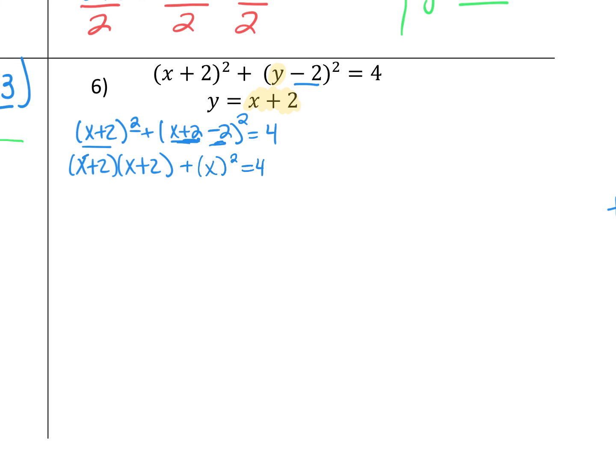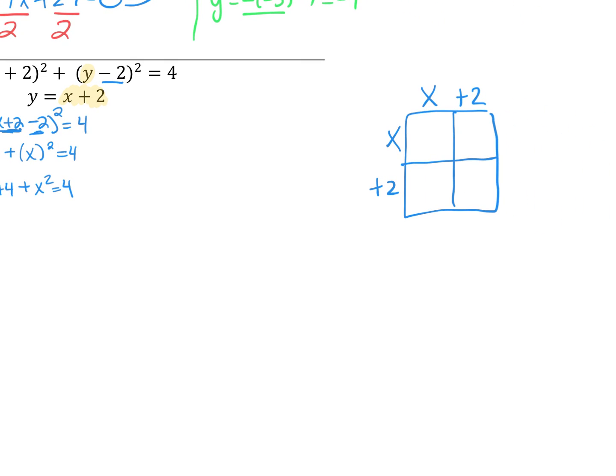So when I go to multiply this part out, x times x is x squared, x times 2 is 2x, 2 times x is 2x, 2 times 2 is 4, plus x squared is going to equal 4. Now again, if I were to use the box method, I would get the same thing. x times x is x squared, x times 2 is 2x, x times 2 is 2x, 2 times 2 is 4.